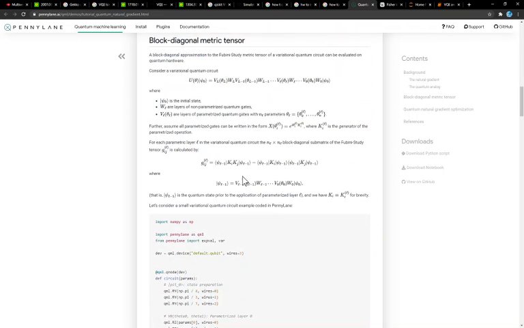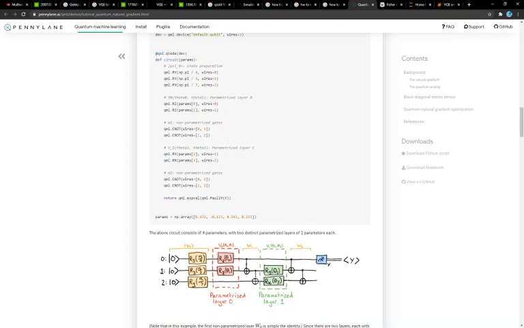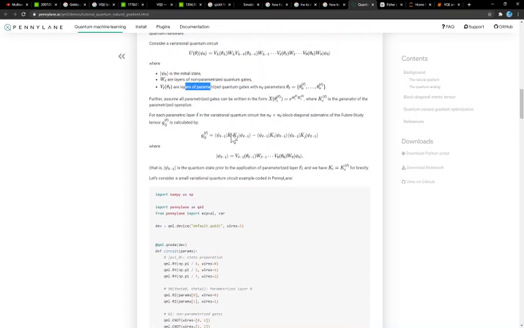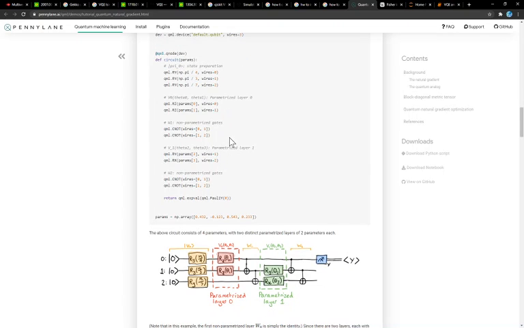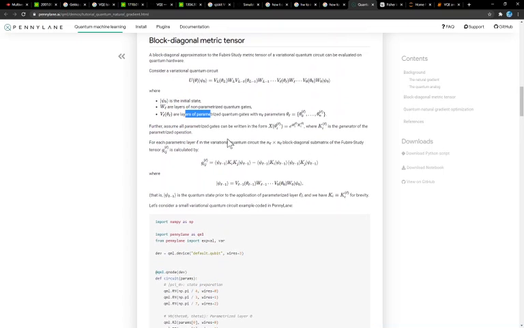And so this means that you get the initial state, the layers of non-parameterized gates, layers of parameterized gates. It's the generator of the parameterized operation. I don't know what the generator is.